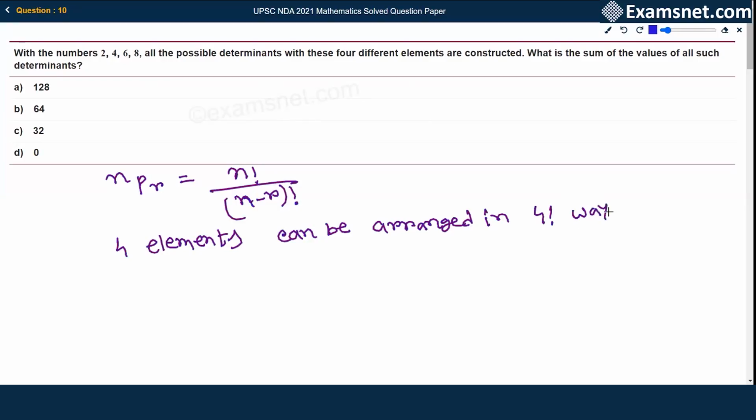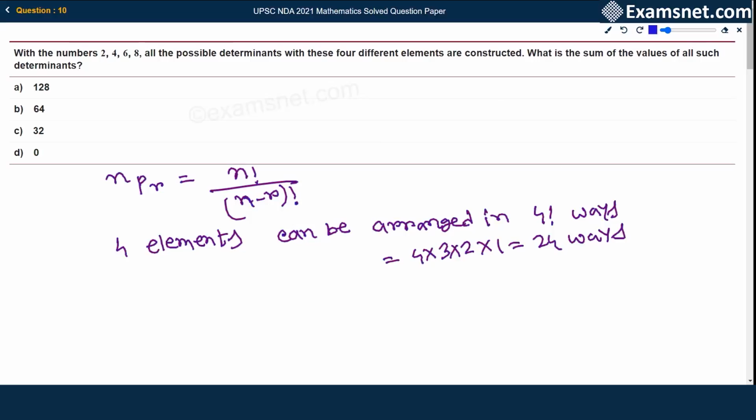That gives us 4 multiplied by 3 multiplied by 2, which is 24 ways. So if I take 2, 4, 6, 8 as elements, I can form 24 different determinants with these 4 elements.